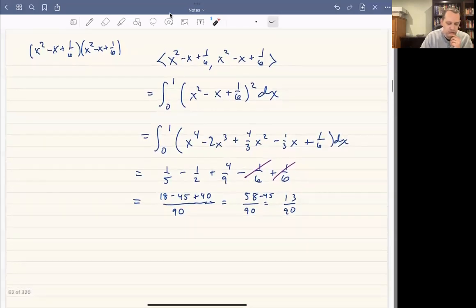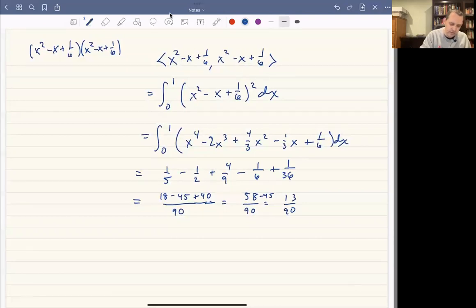We had negative 1/6 x, negative 1/6 x. So that is negative 1/3, and then plus 1 over 36. Ah, there's our error. It should be 1 over 36. So that was minus 1/6 plus 1 over 36.